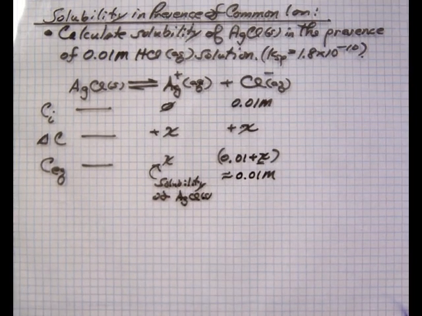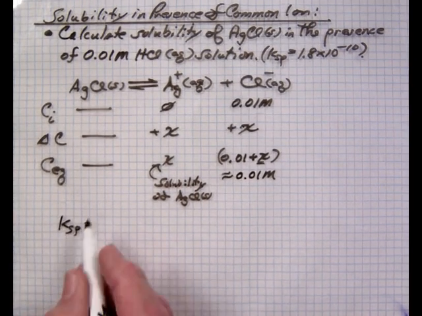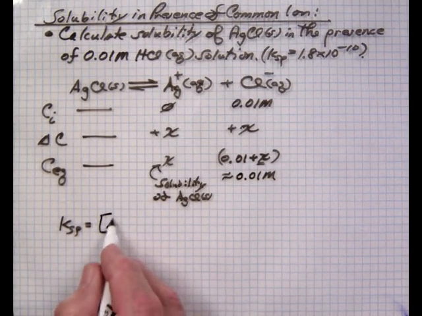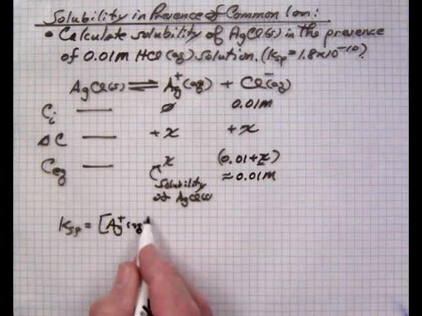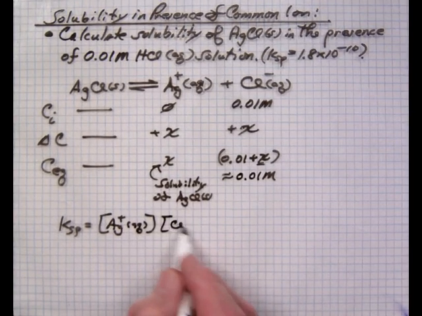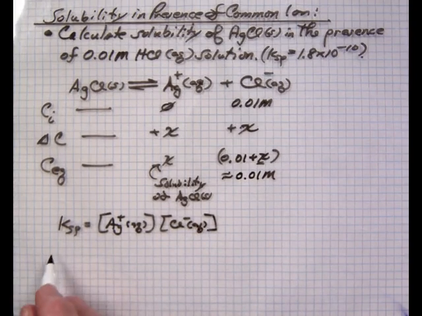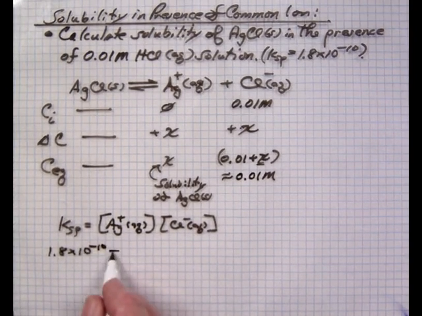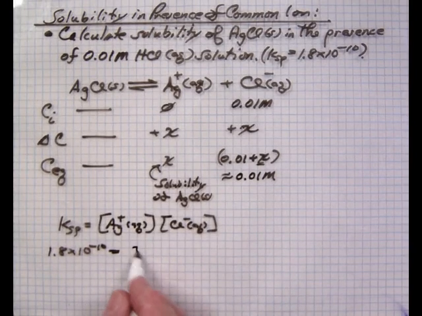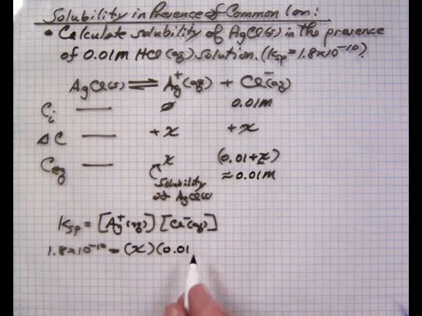Now we'll set up the KSP expression. It is 1 to 1, so it'll be silver times chloride, and KSP is 1.8 times 10 to the minus 10. Silver ions X, and the chloride is 0.01 molar.